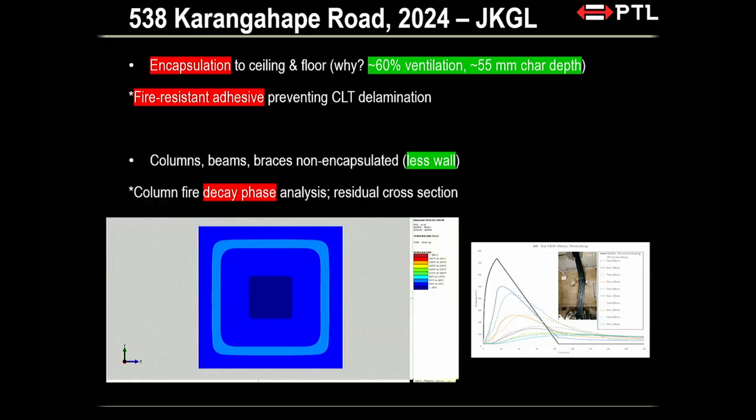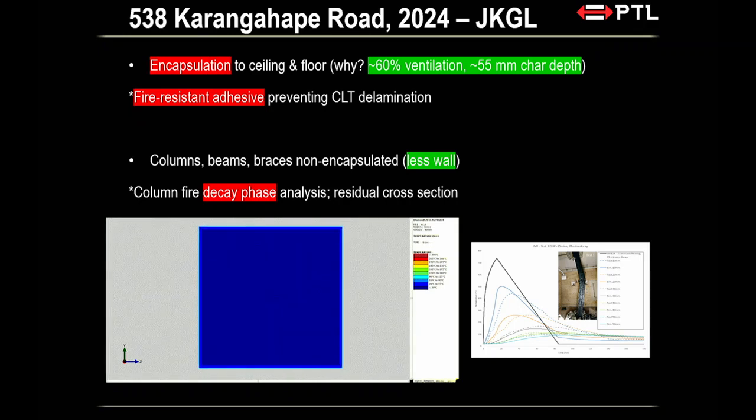And if I don't have fire-rated adhesive, then that's going to be a problem for me, because my calculation doesn't assume delamination. A lot of these calculations that I'm doing, calculating 55 mil of char depth, is assuming no delamination. Now, if it's delaminating, my engineering justification doesn't hold, right?